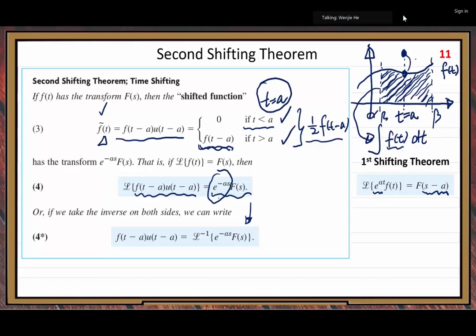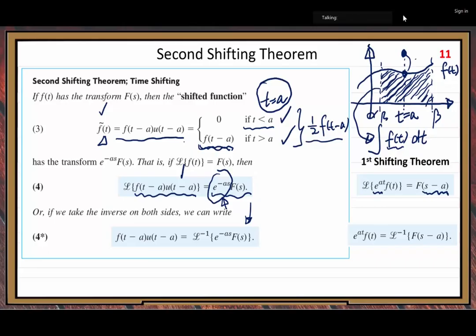And here, e to the negative as function, you multiply on the capital F side, and then at the t side you do the shift, but you need to multiply by that u function, the shifted version. So that's the second shift. First, second, you can see the difference. Then the inverse, you just write it in a straightforward way.